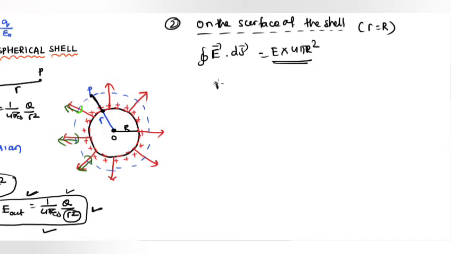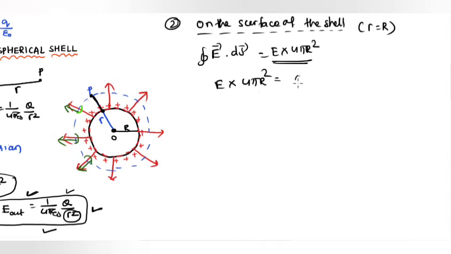And this E into 4 pi R square will be the total charge enclosed by the Gaussian surface, which is again the same as the charge on the shell, because this Gaussian surface is coinciding with the spherical shell. So we can say that the Gaussian sphere just encloses the entire charge of the shell.